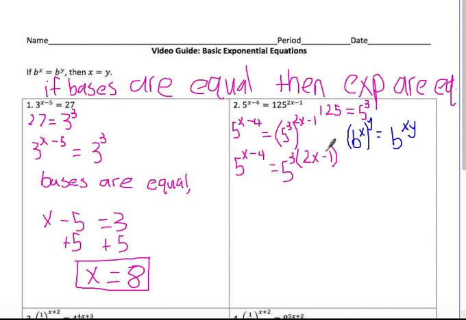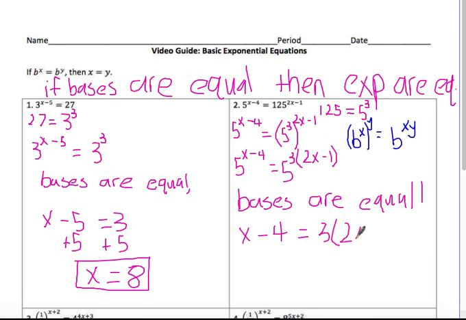Again, now the bases are the same, so I can set the exponents equal. So we have x minus 4 equals 3 times 2x minus 1. And of course, this is now an easy linear equation.